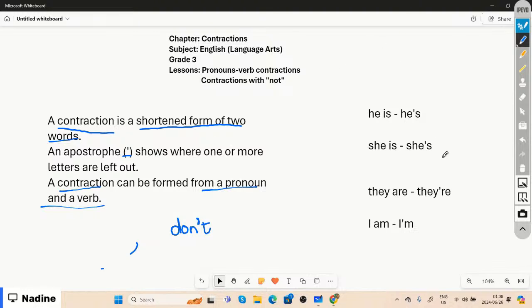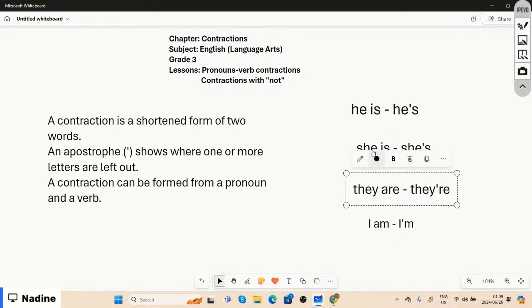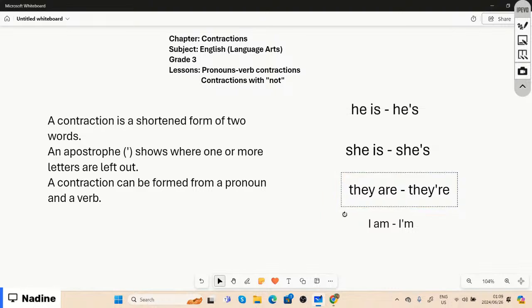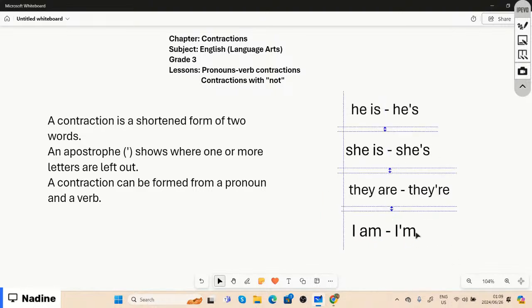All right. So now if we look at contractions, we look at the examples over here. So here we have a few examples. I'm going to make it a bit bigger so that we can see it properly. So these are a few examples of contractions. It says he is. So he is, that's two words.